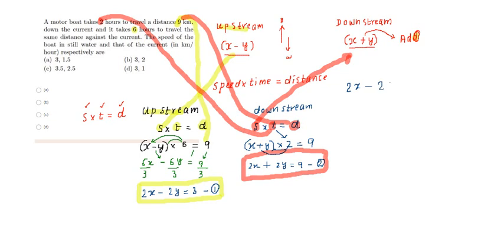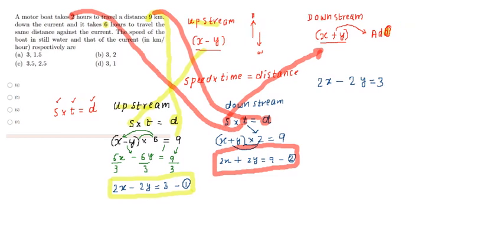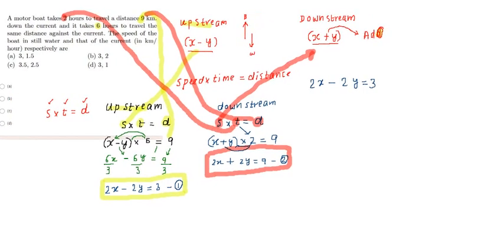So 2x minus 2y equal to 3. Then the second equation, 2x plus 2y is equal to 9.